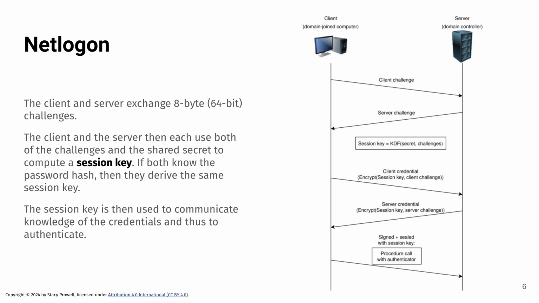Since both of them know the password hash and both challenges, they know everything that goes into it. So with those three things, they will both compute exactly the same session key, presuming they both know the shared secret.